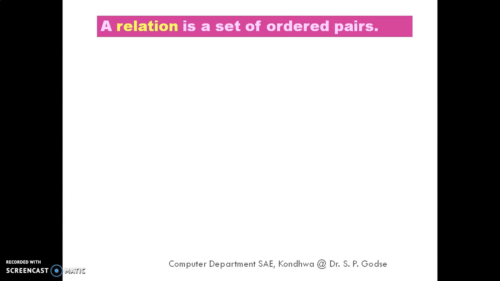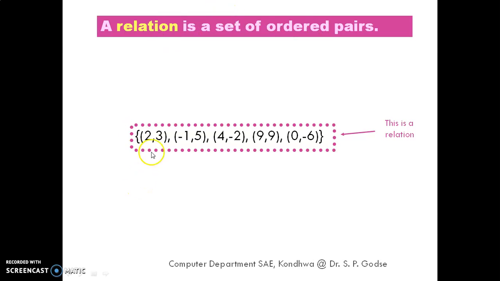Now we'll see in detail the different conditions for functions, means when we can call a particular relation a function. A relation is a set of ordered pairs, that we already know. So this is one relation. Here the different ordered pairs are (2, 3), (-1, 5), (4, -2), (9, 9), and (0, -6).